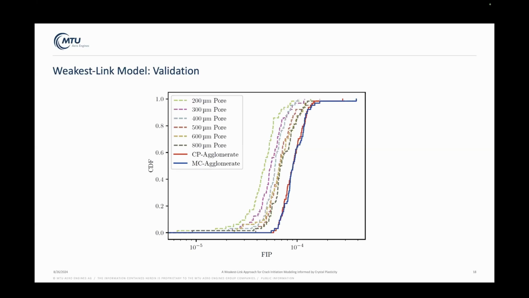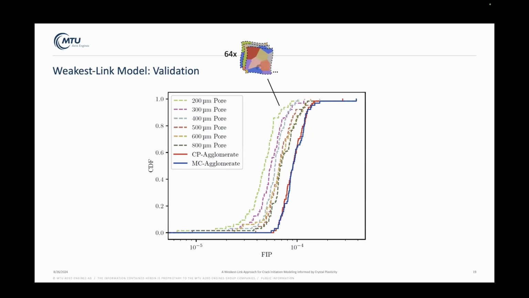So what you're seeing is a cumulative distribution function of the acquired results. On the x-axis, you see the FIP. On the y-axis, you see the chance of finding a FIP smaller or equal to that value in the distribution.